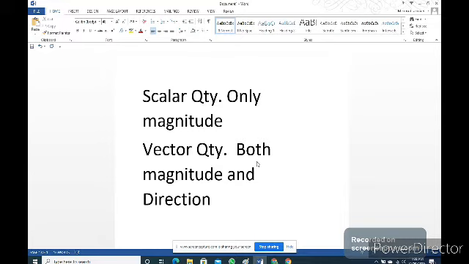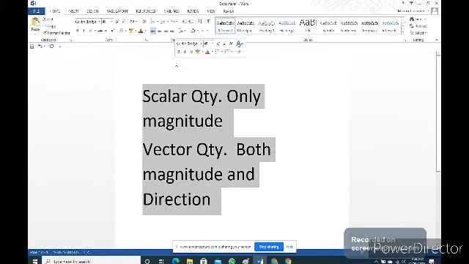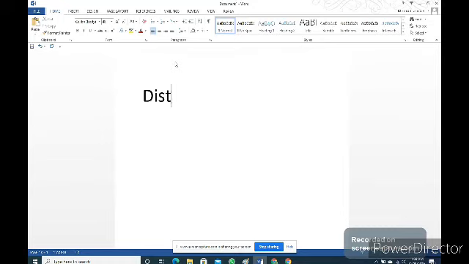Now, we have known the different types of quantities. Let's find what distance and displacement are. Distance is the total length covered by an object. Displacement is the shortest distance covered by an object.